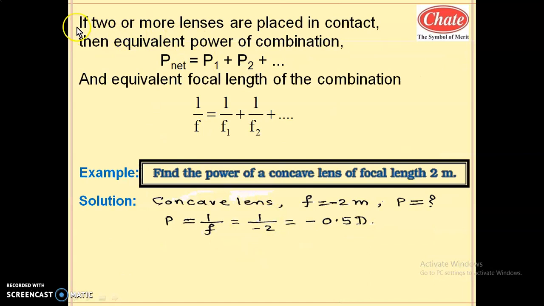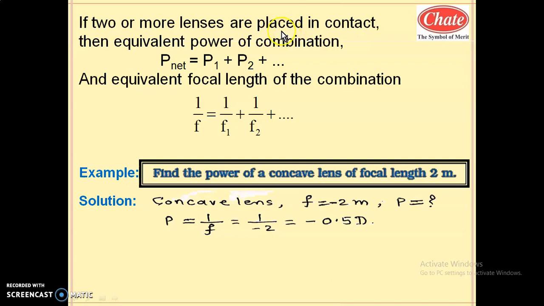Now, if 2 or more lenses are placed in contact, if one lens is kept in contact with another, for example, whenever the doctor searches for the spectacle number, checking the eyes, he places in front of your eyes in one frame one lens kept in contact with another.